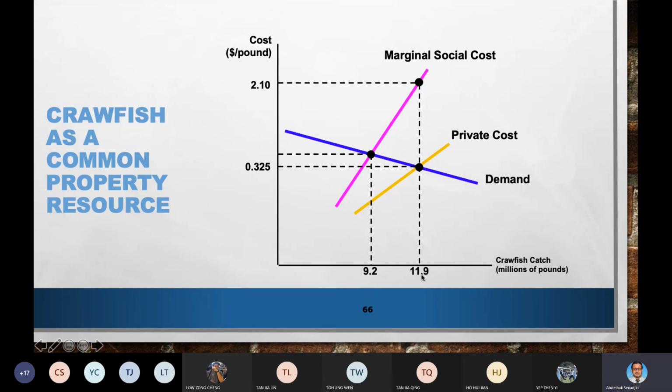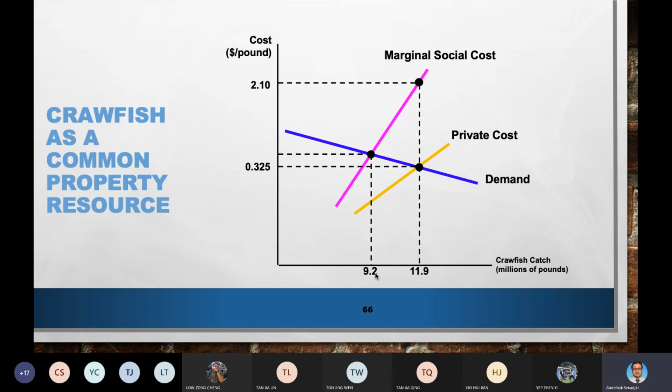So it will be at 11.9. But in social efficiency, the marginal social cost with the marginal benefit is here at 9.2. So there is a relatively simple solution to the common property resources problem.